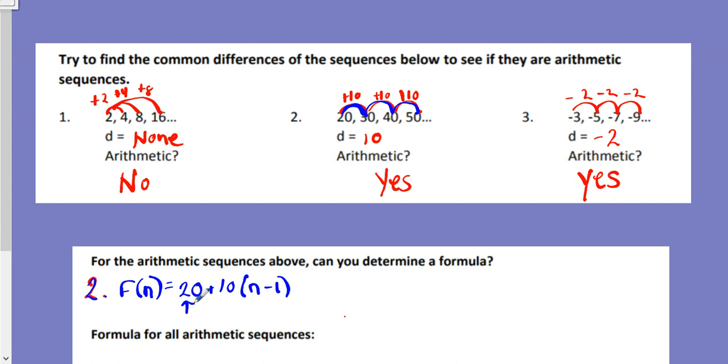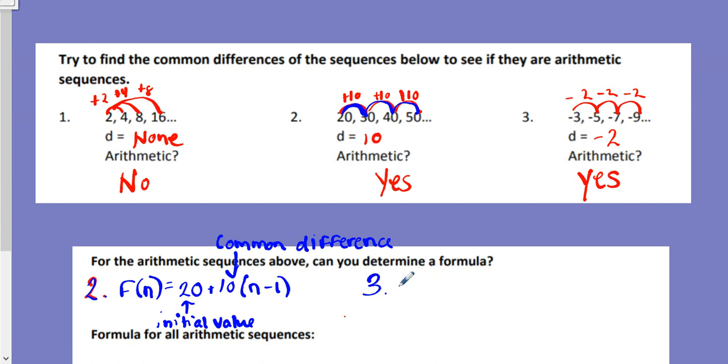So again, this is my initial value or my first term, and this is my common difference. Okay, and number 3, my common difference is negative 2.